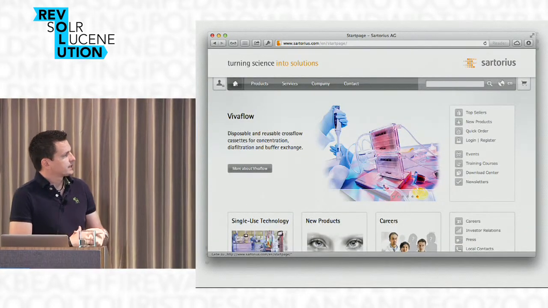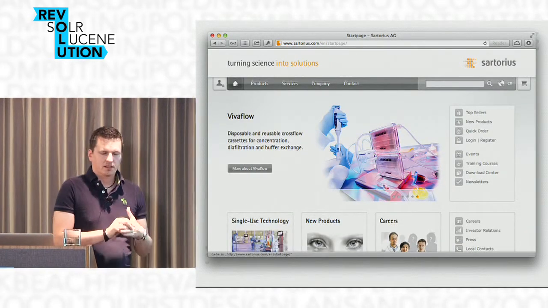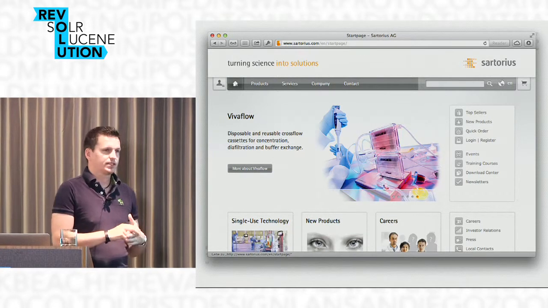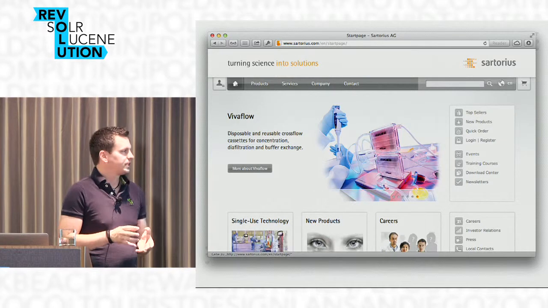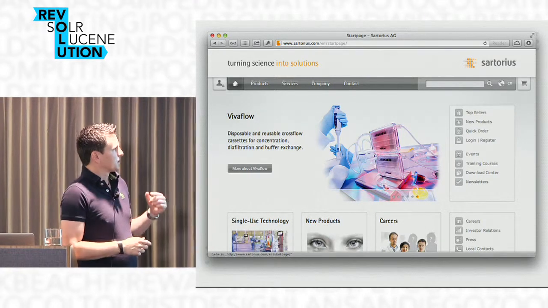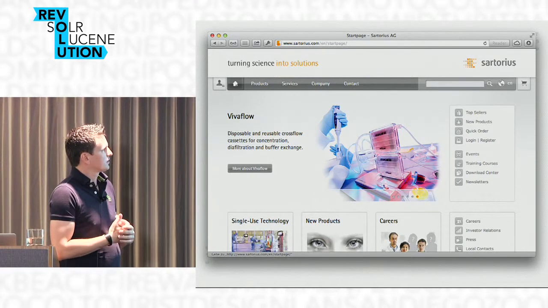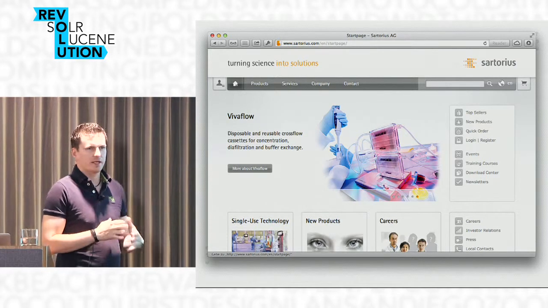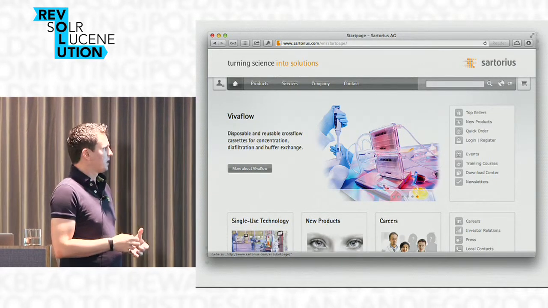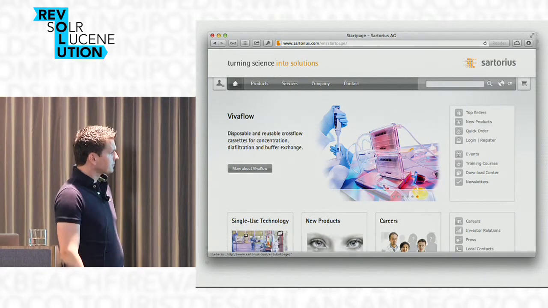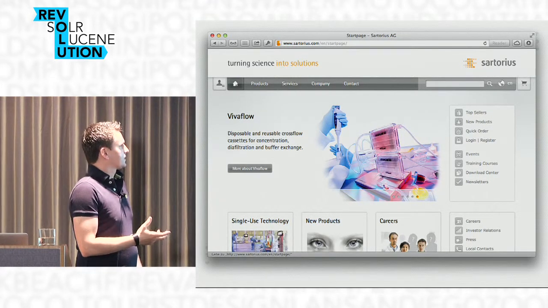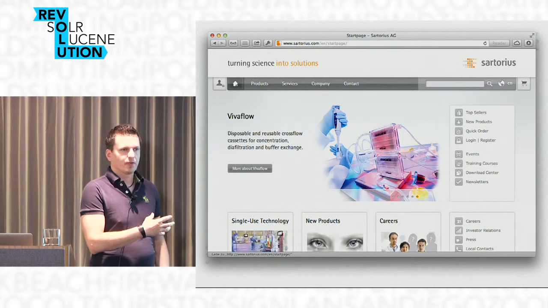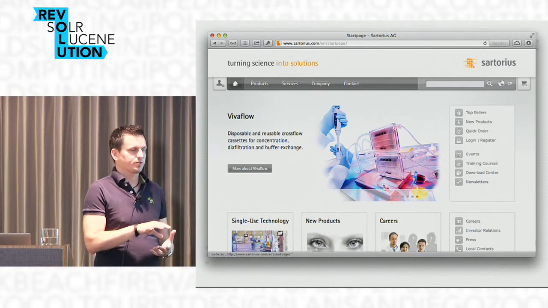But we also used the extension in different ways, because it was so flexible. Sometimes we use it in completely different ways. For example, Sartorius, they are a provider for chemical appliances, stuff like that. And a lot of parts of that complete site are driven by Solr, although there's no search visible.